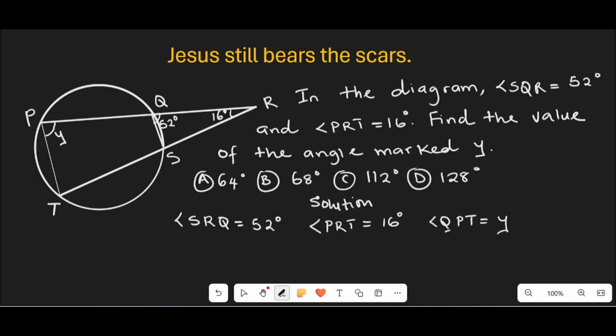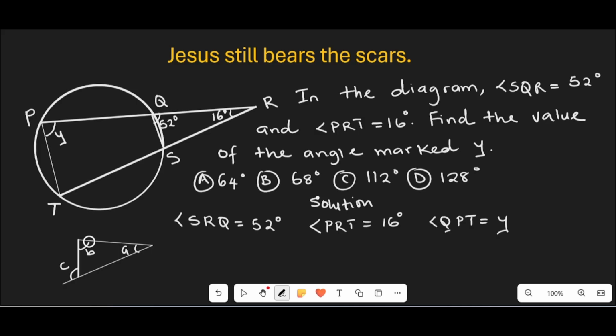and let us consider this diagram for better understanding. Let us say this angle is A, this angle is B, and this angle is C. Exterior angle theorem of a triangle states that exterior angle is equal to the sum of two remote interior angles.